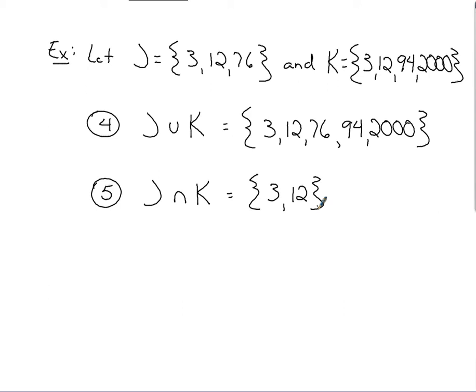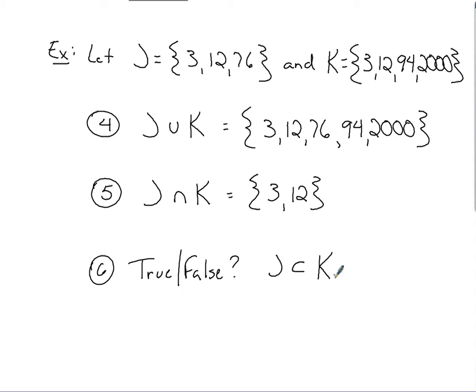Now I thought to conclude this lesson, I'd throw a little true-false question in here because we do have some true-false in the assignment. And these are always popular, let me tell you. True or false? Is J a subset, so there's the sideways U now, of K?